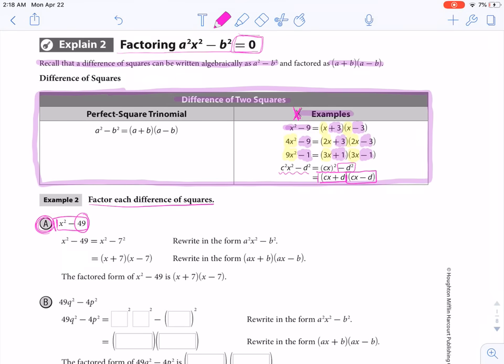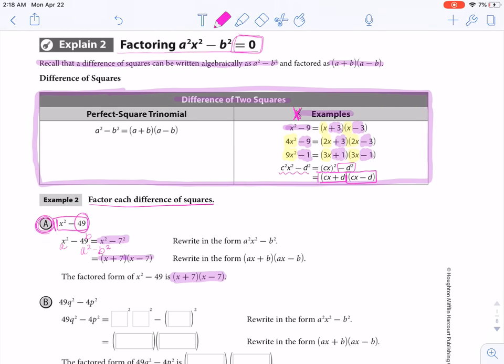If we're looking at a squared minus b squared, x squared is a, 49 is b, which is where we run into x squared minus 7 squared, which is going to give us x plus 7 times x minus 7, if we rewrite it in factored form. And so the factored form of x squared minus 49 is going to be x plus 7 times x minus 7.